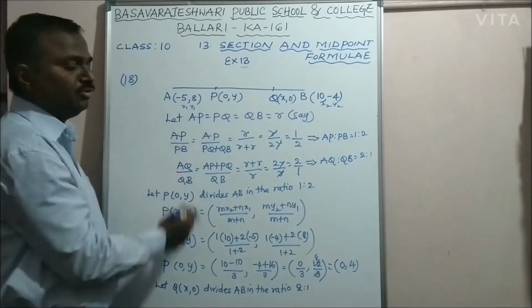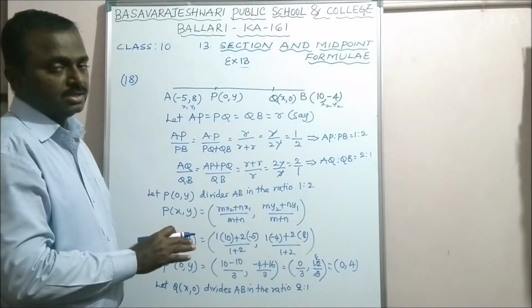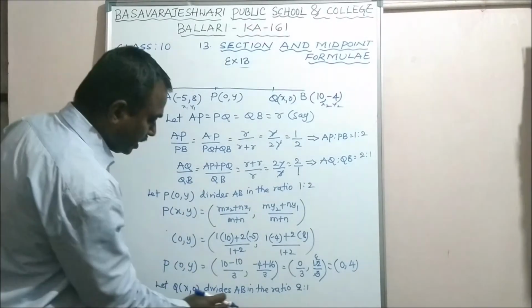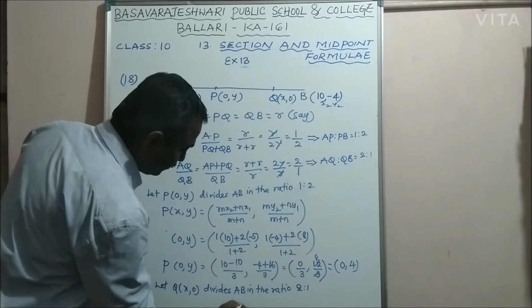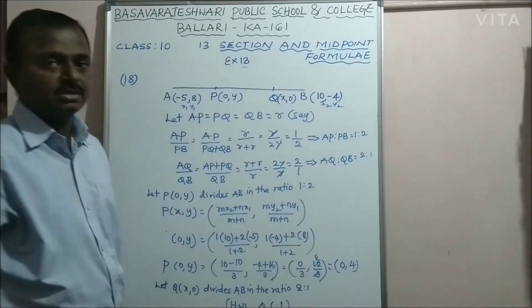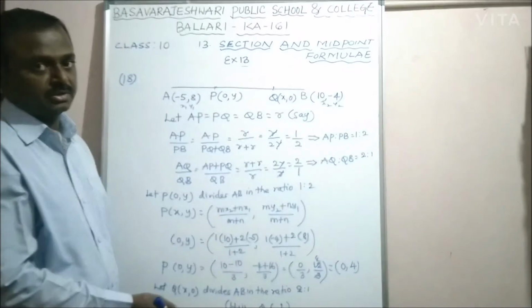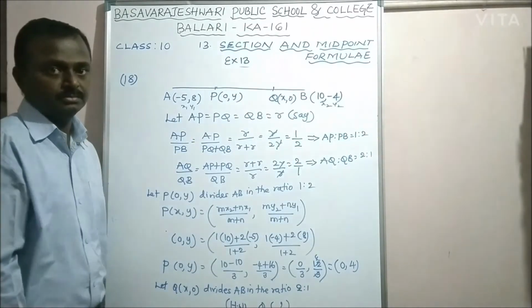Same method you have to follow. So I am not doing this work. I will do this part as homework and find out what are the Q coordinates. So like that you have to find out. Understood, children? Okay, take down this sum.